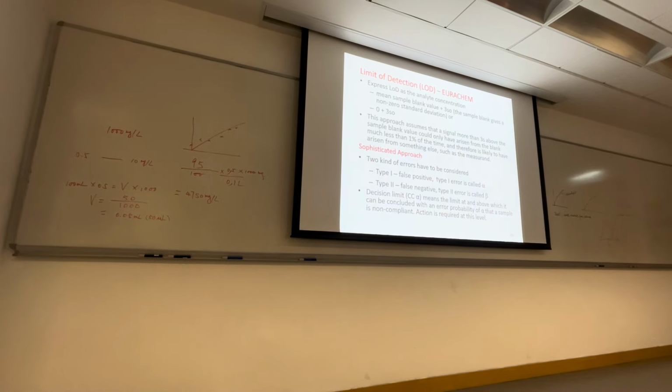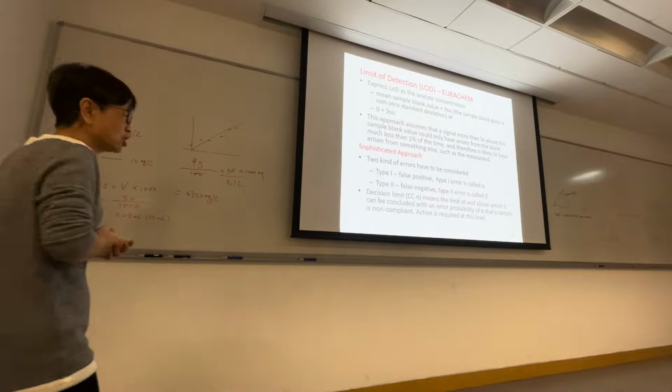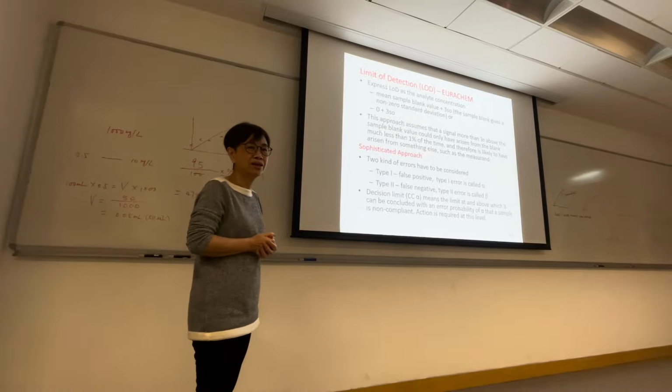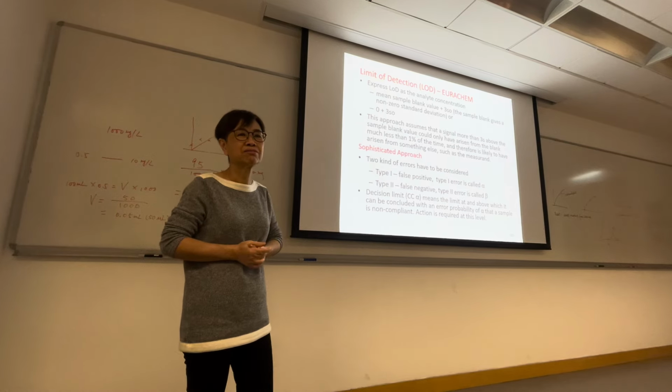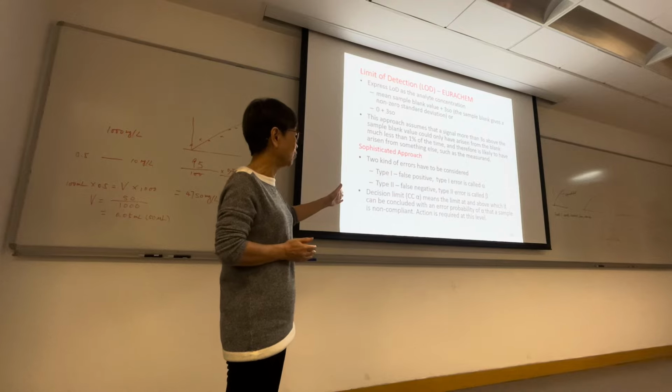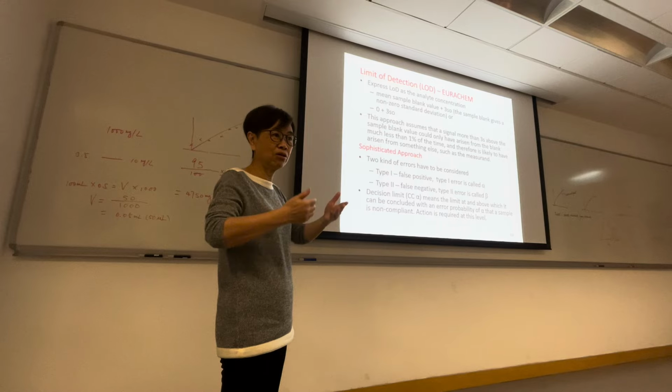So, when we say LOD, this is just an approximation or estimation from the background, a calculated value, okay? So, there is another we call decision limit. This decision limit, CC alpha, will be applied only for food testing. At this level, that means we will take legal action.